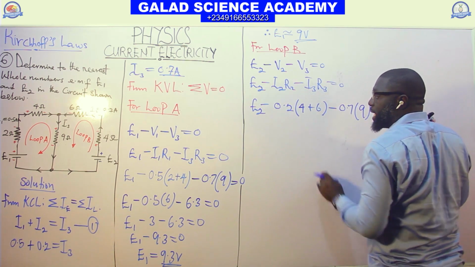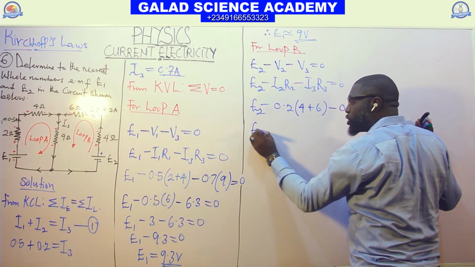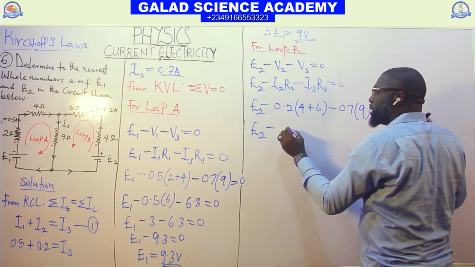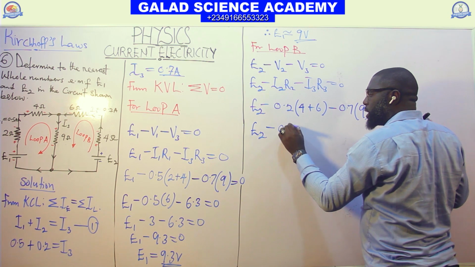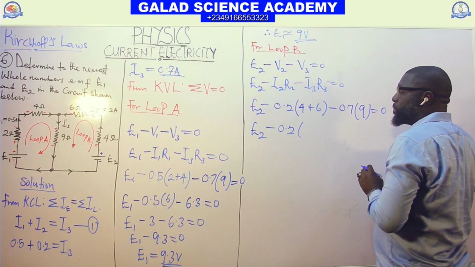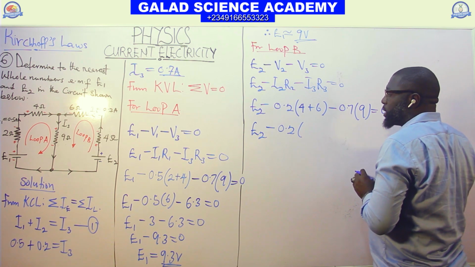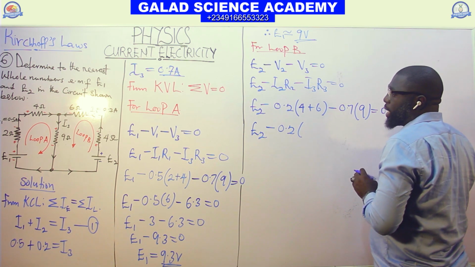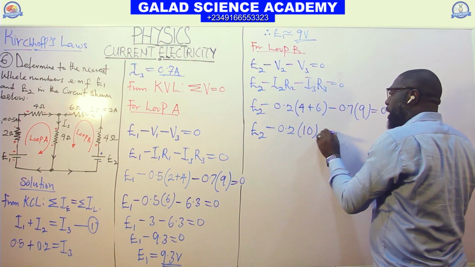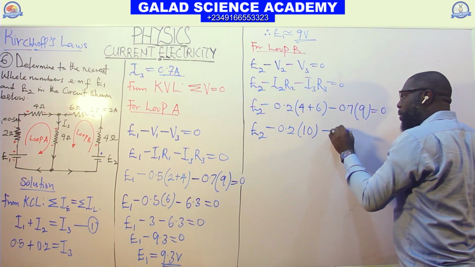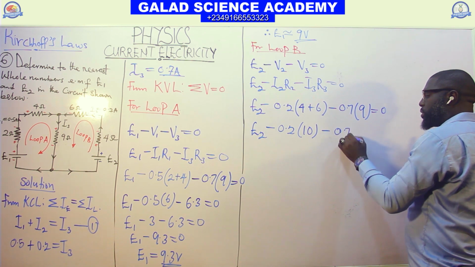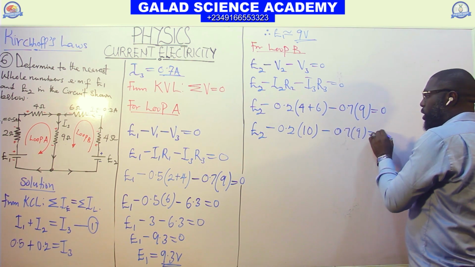So the next thing that we do is, we have E2 should be equal, minus 0.2 times 6 plus 4. It will give us 10. Am I right? Yes, 6 plus 4 will give us 10. And minus 0.7 into 9 equal to 0.